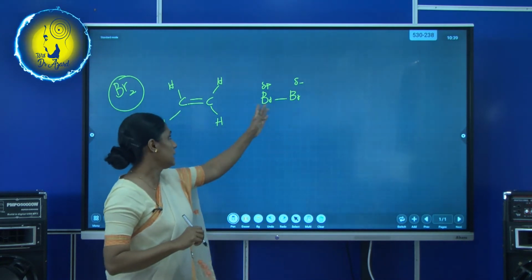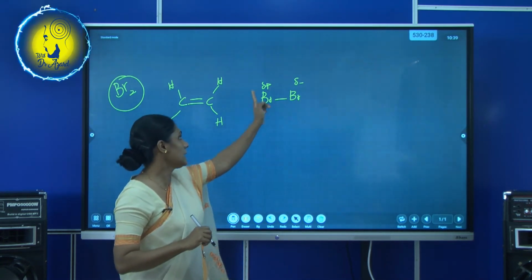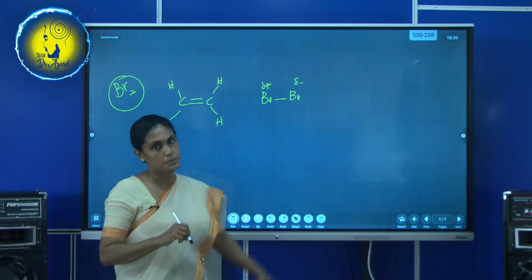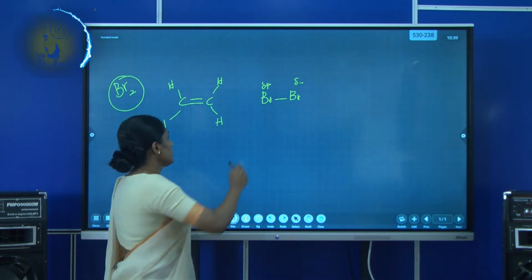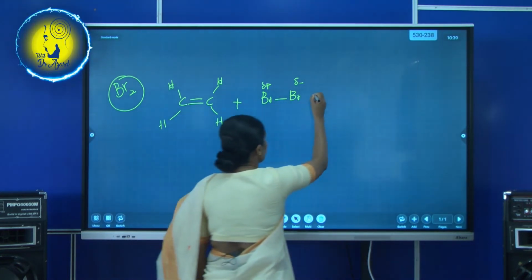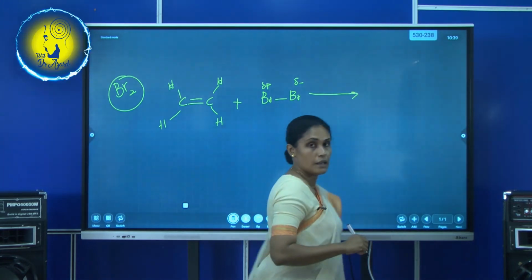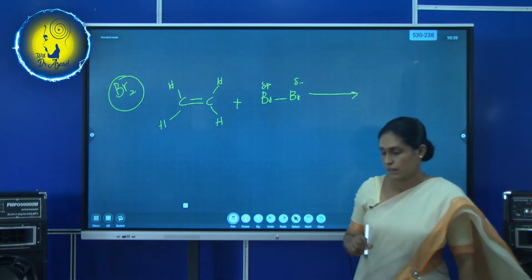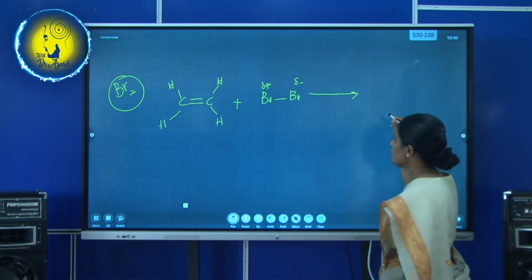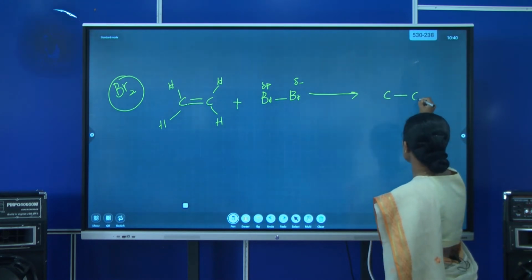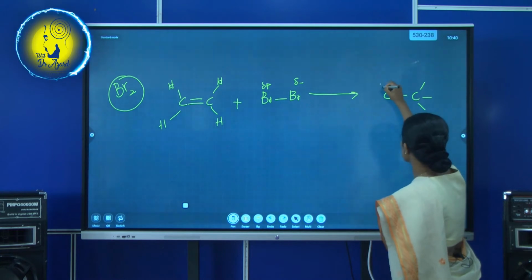This might be delta negative and this might be delta plus. So due to this, what will happen to the double bond? It will break. So let's redraw. Now there is no more alkene to see.